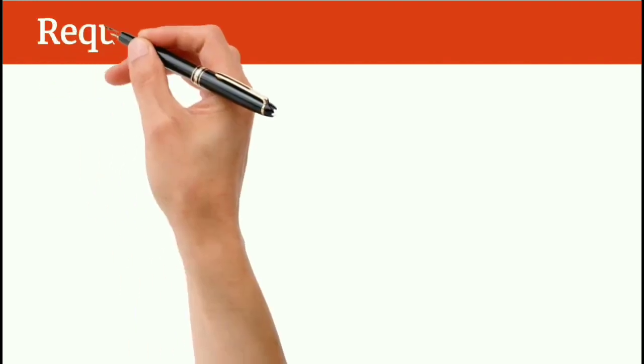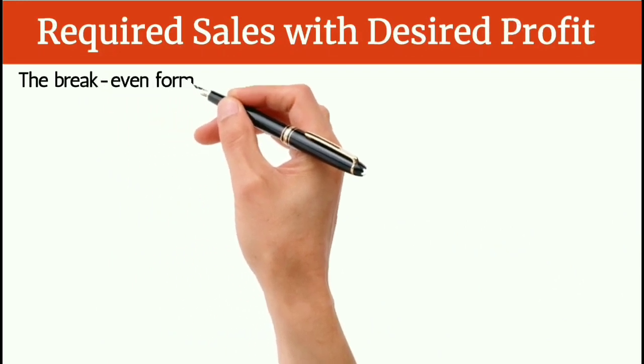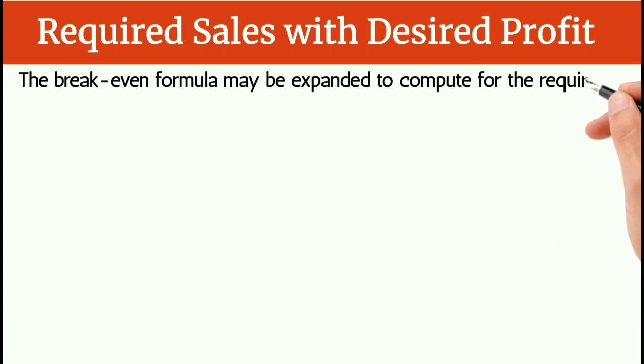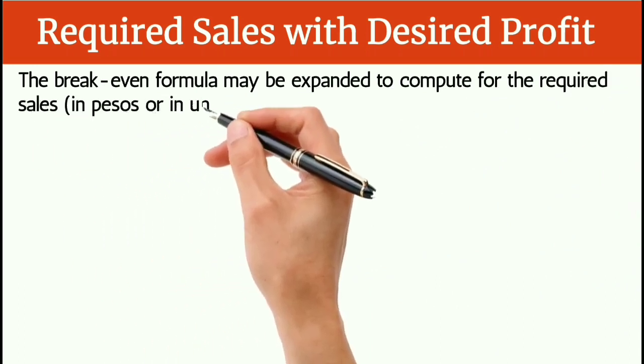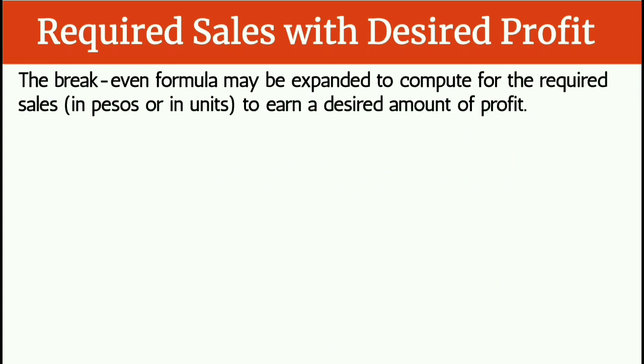Let's now proceed to the required sales with desired profit. The break-even formula may be expanded to compute for the required sales in pesos or in units to earn a desired amount of profit.